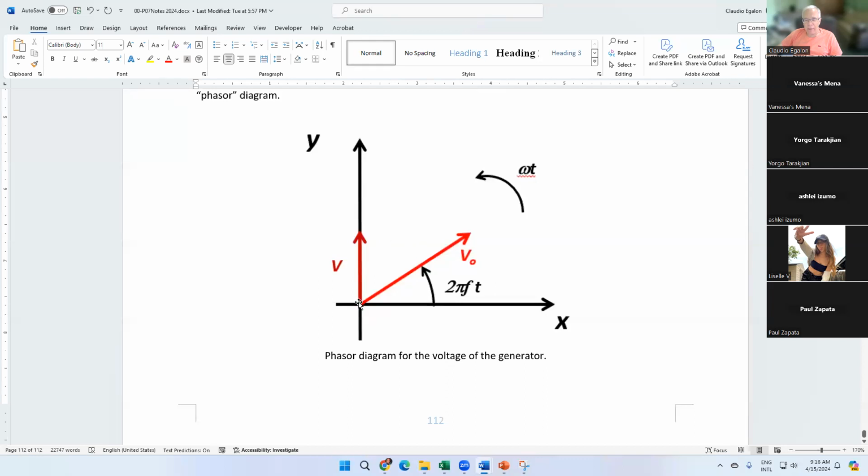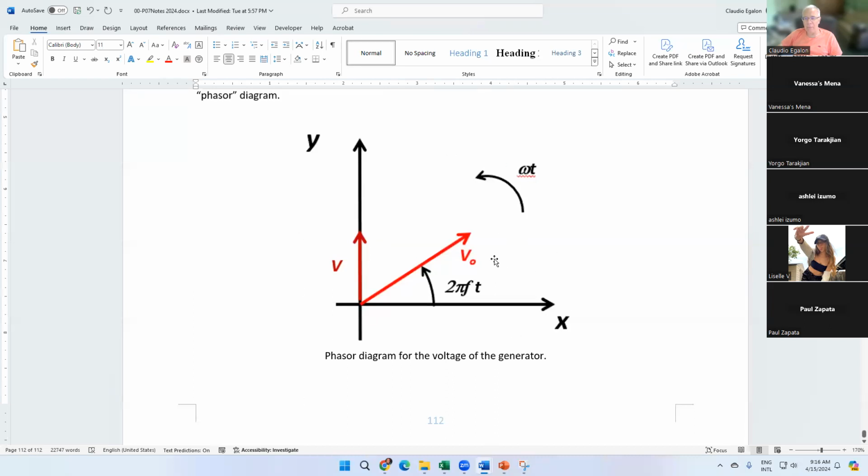This vector voltage here is making an angle 2 pi ft. The sine of 2 pi ft times V naught is going to be exactly this voltage that you see along the y-axis. And here is the omega t.